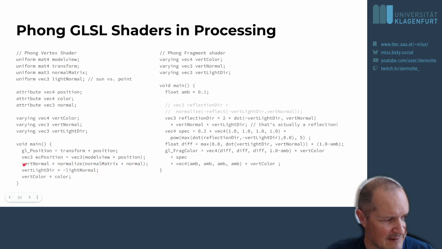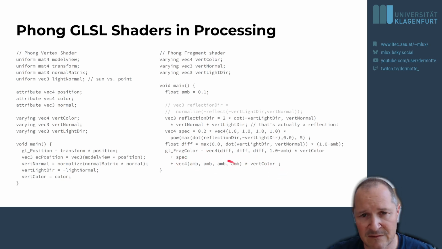And again, the normal is based on the light and the actual normal of the pixel. And then we use this information to create the specular highlight. We create the diffuse shading, and we add the ambient color here. So these are the three components.